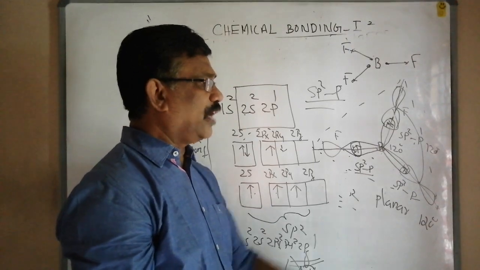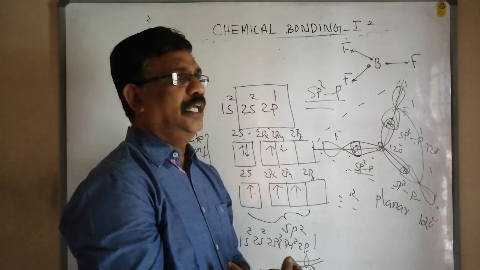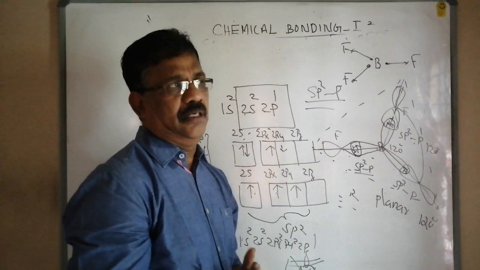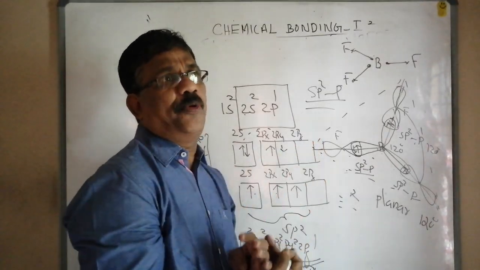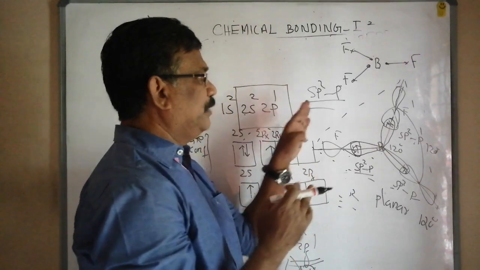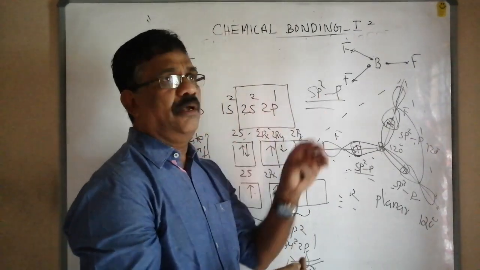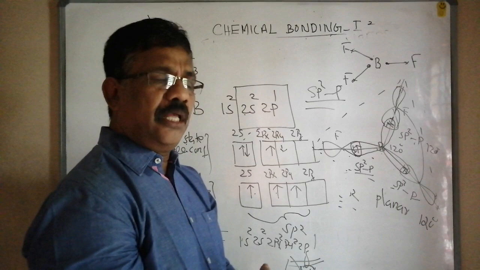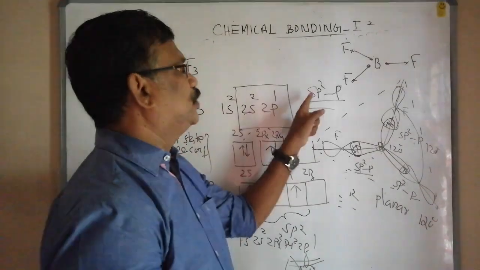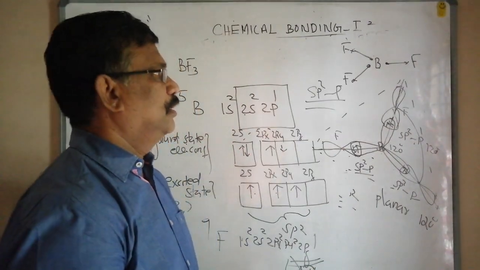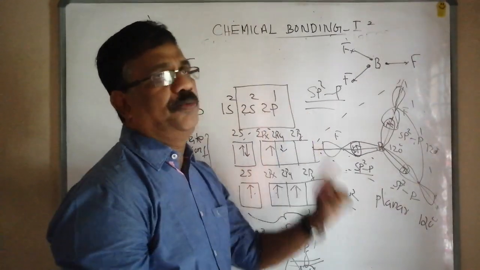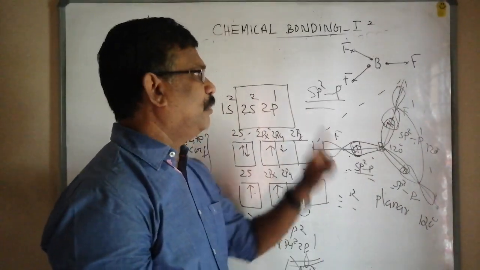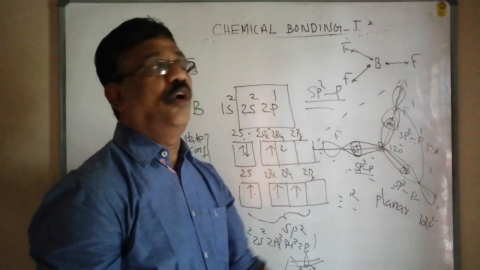One of the orbitals is hybrid and the other is a pure, unhybridized orbital. Shape planar, bond angle 120 degrees, hybridization sp2, central atom boron, orbital overlap sp2-p.